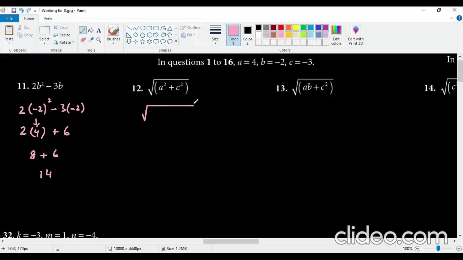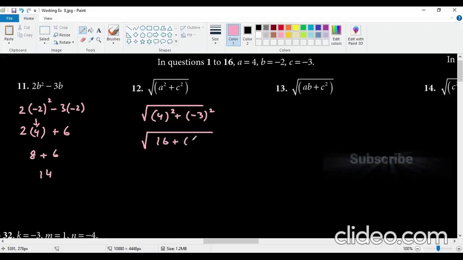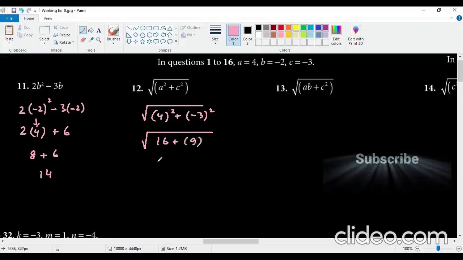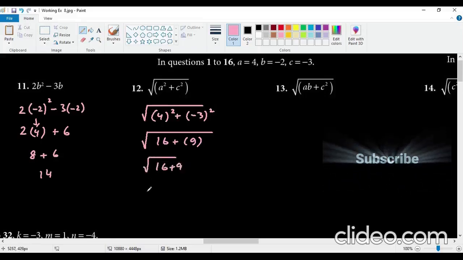Now this time it's under the root, so I will be making something like this, and a value is 4, 4 squared, plus c is 9, which you will be getting by multiplying minus 3 by itself. So this is going to give you 16 plus positive 9. So 16 plus 9 is going to give you 25.